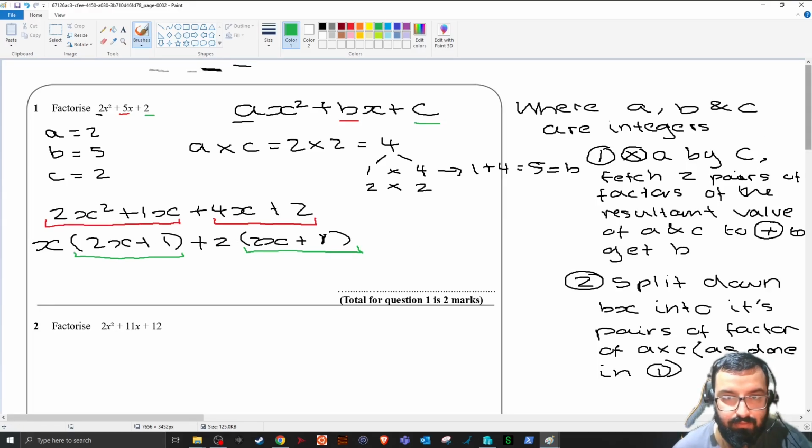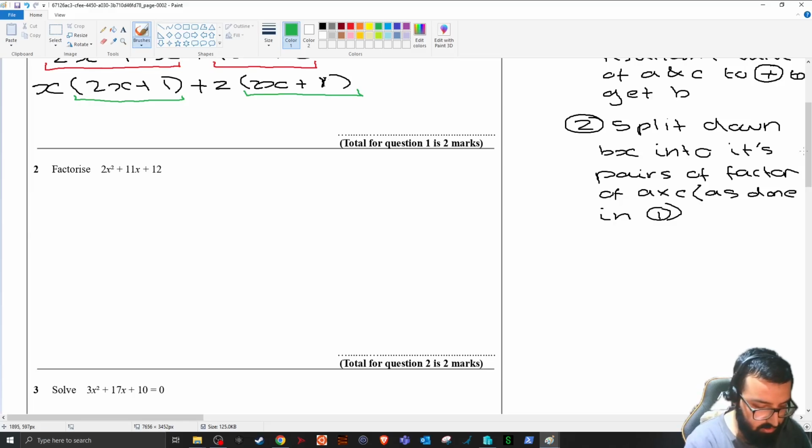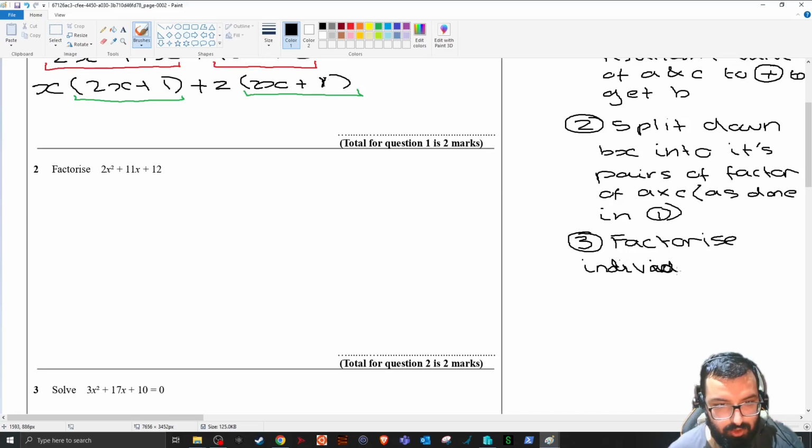Okay? So I'm supposed to write down step 3 here. Let me just try and scroll down with my mouse instead. For some reason that's not working properly. Okay. So step 3 was for us to factorize individual expressions.